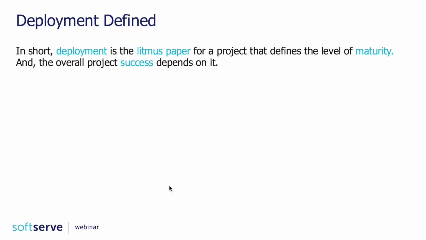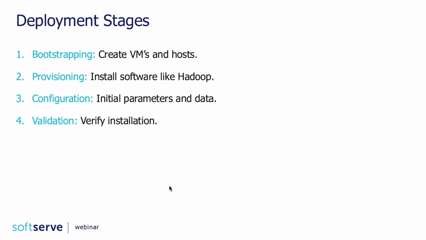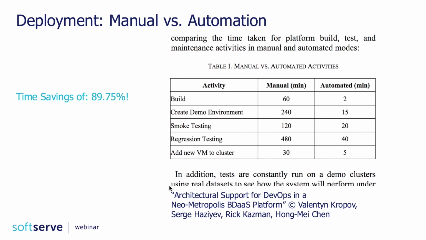So for instance, if you need to deploy a solution, you just run the Chef recipe or Puppet script, and it automatically bootstraps virtual machines, provisions required software, configures initial parameters, and even does a validation to ensure that it's all installed correctly. And this greatly helps to save time on developing the project.